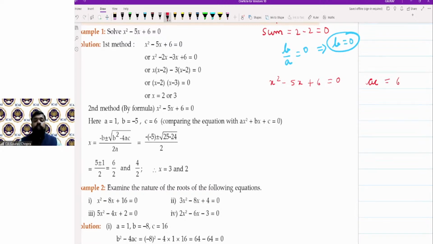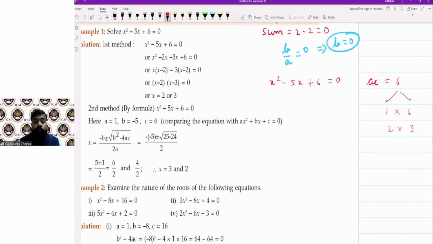So the product is 6. Now we have to do the factors of 6. So 1 into 6, 2 into 3. So can we get the sum as 5 or not? 1 and 6 is not 5, but 2 and 3 is 5.